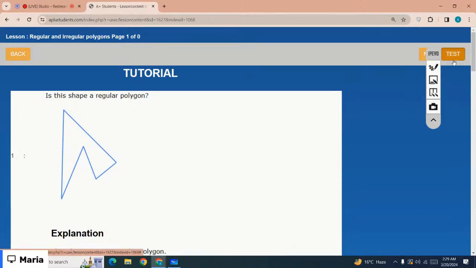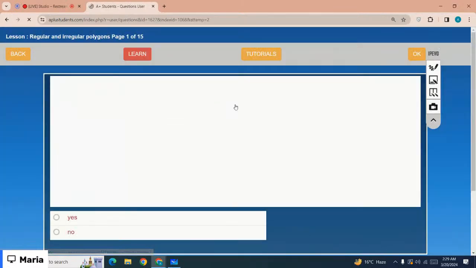Let's just start with the test questions. Is this shape a regular polygon?